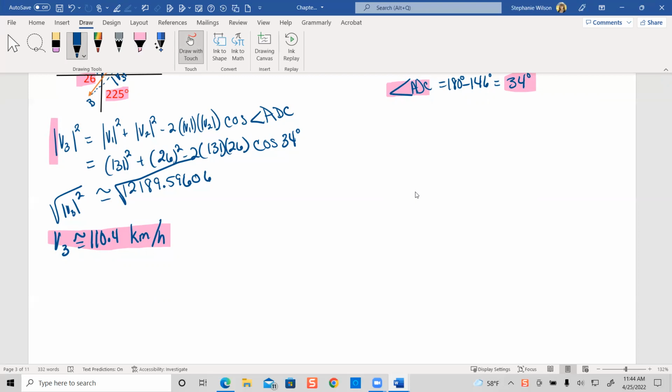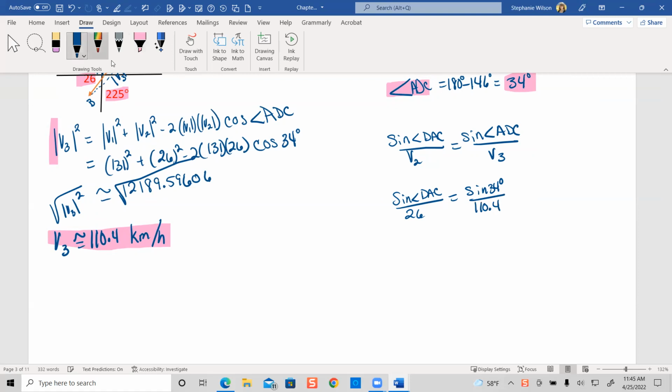We're going to use the law of sines to solve for this one because we have sine measure DAC over the vector V2, sine measure ADC over V3, and we're going to plug in what we know. Well, we don't know the sine of measure DAC, however, we do know what V2 is, it's 26. We know the measure of ADC, which is 34. And we know what V3 is, it's 110.4.